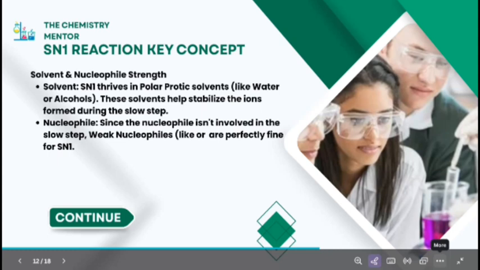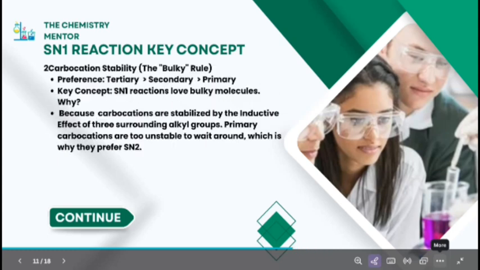Why? Because as we know, SN1 prefers the carbon atom containing more alkyl groups. As we have discussed in the previous slide, tertiary is preferred first. Why? Because in tertiary molecules the carbocation will be more stable due to the inductive effect of the 3 alkyl groups.